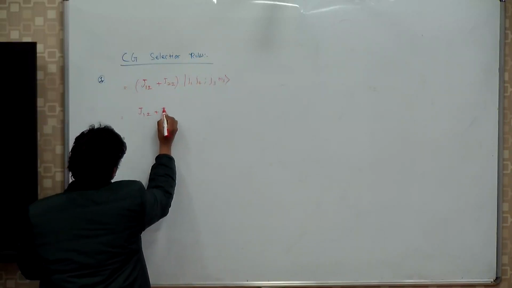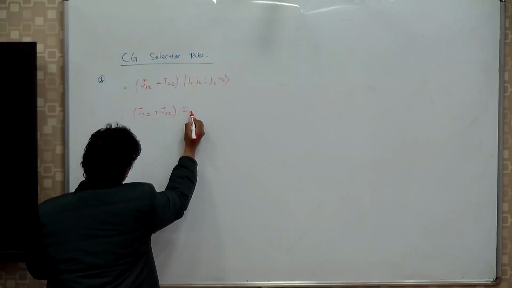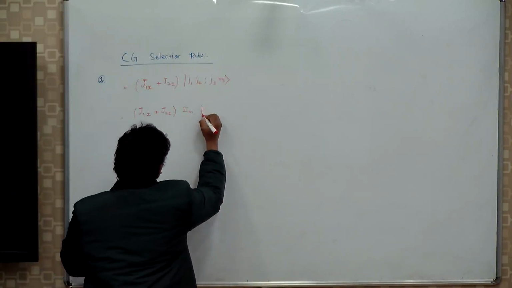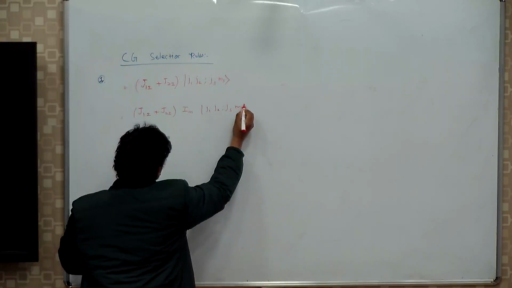Here I am inserting the completeness relation, and then |J1 J2 J3 M3>.